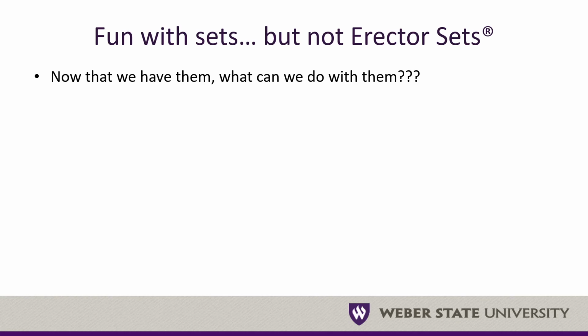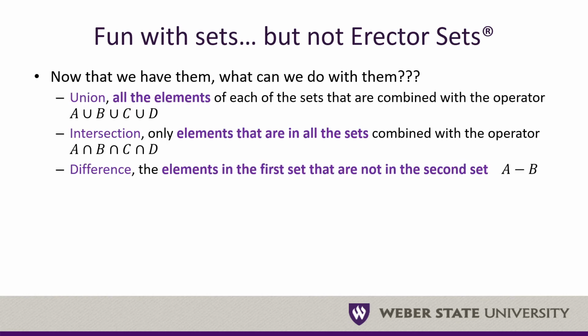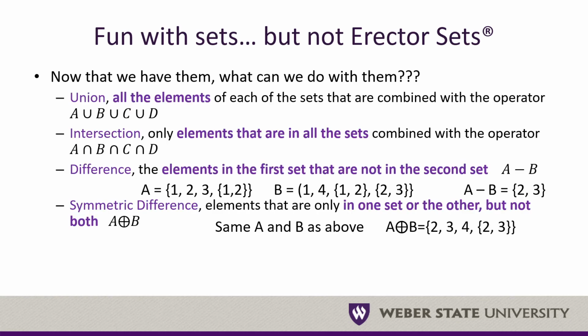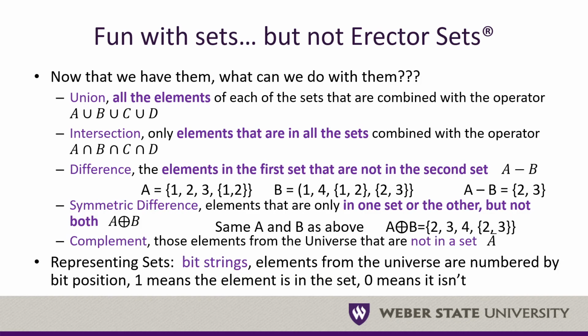Finally, what do we do with them? Well, we do operations on them, and we're going to be doing these in the programming assignment. I've got some slides at the end that we'll look at. So we have the union, where I combine elements from different sets. The intersection, where I take only those elements that are common to all of them. The difference is those elements in the first set, but not in the second set.